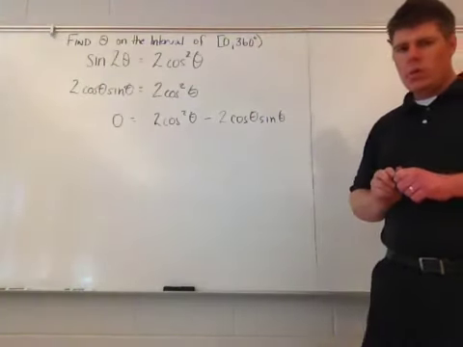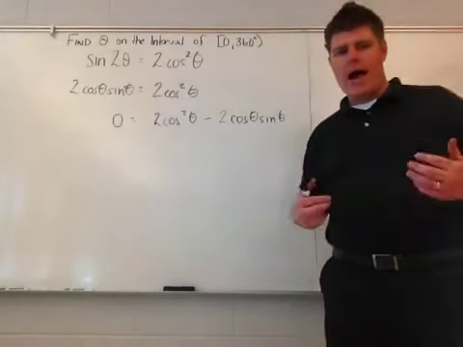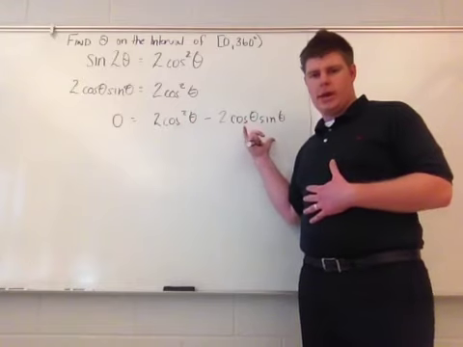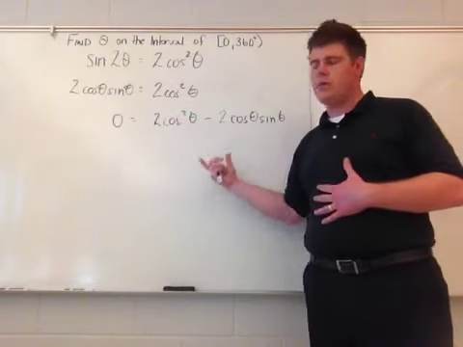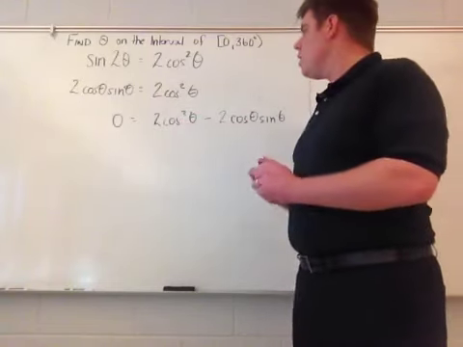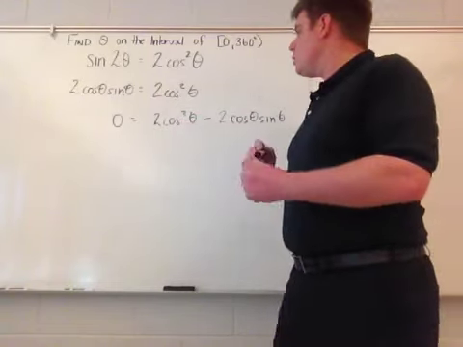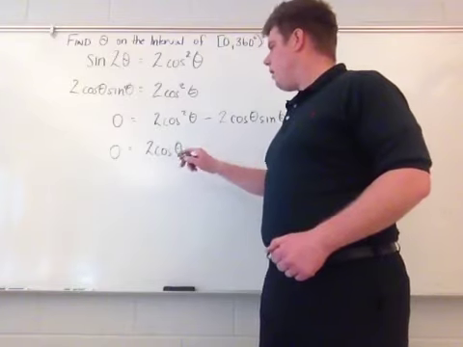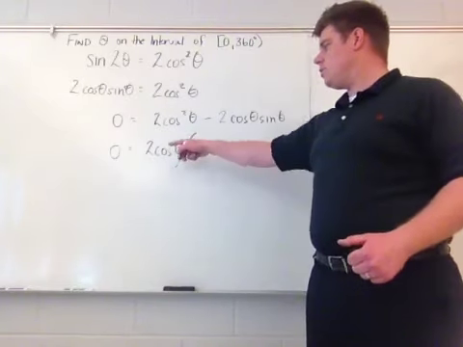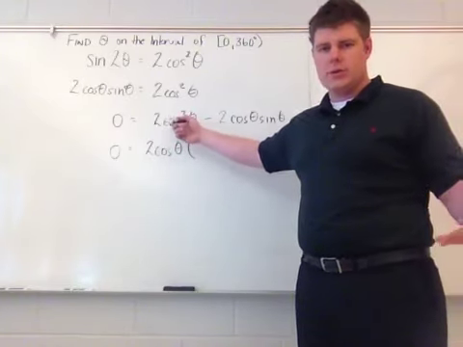So I now have 2 cosine squared theta minus 2 cosine theta sine theta, and I'm going to try some factoring. Each term has a multiple of cosine theta and a multiple of 2, so I'm going to factor that out. I get 0 equals 2 cosine theta times what gives me 2 cosine squared theta?